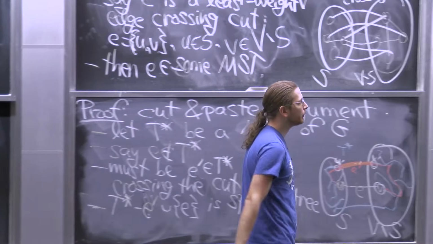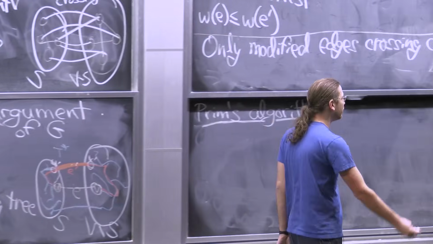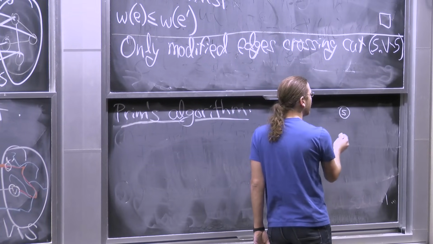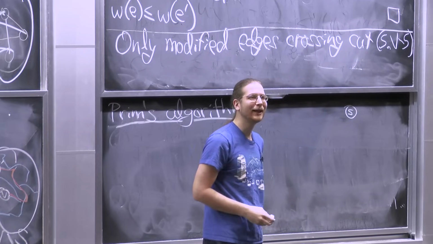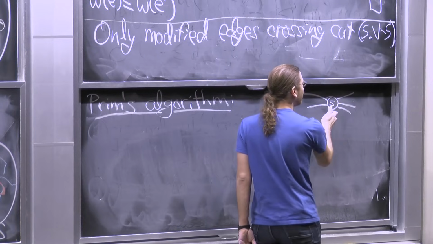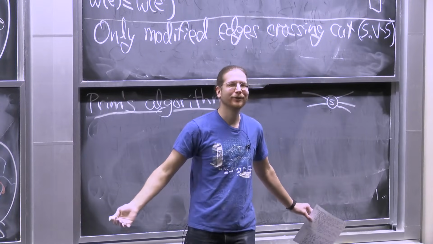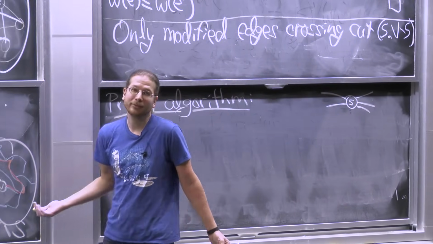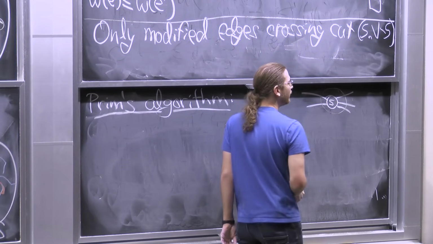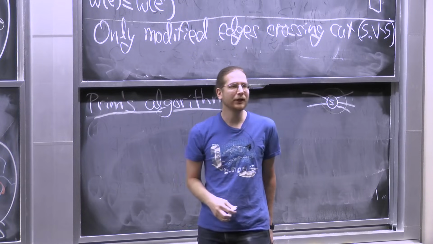With Prim, we're going to start out with an obvious cut, which is a single vertex. If we have a single vertex S, and we say that is our set capital S, then there's some edges coming out of it. There's basically S versus everyone else. That's a cut. And so I could take the minimum weight edge coming out of that cut and put that in my minimum spanning tree.